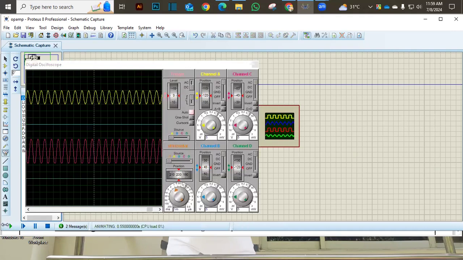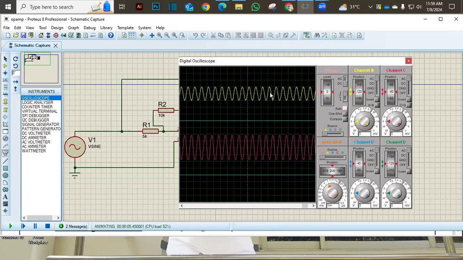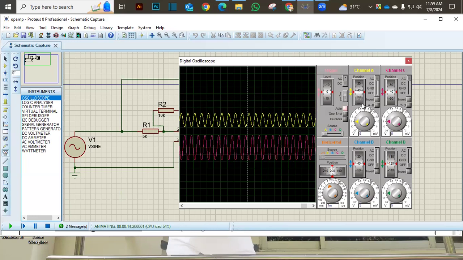And now we run this. We see that our output is shown here, and we close channel B and channel D, and we set the limit here.